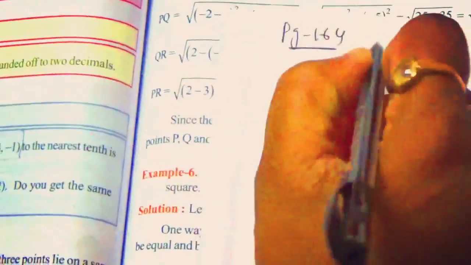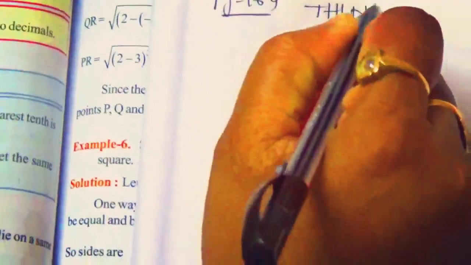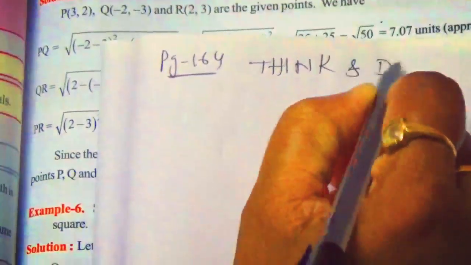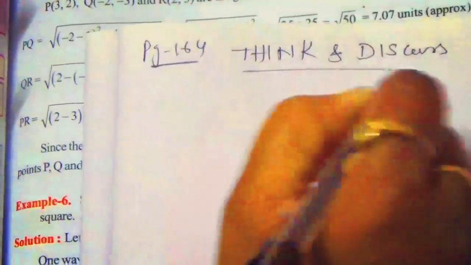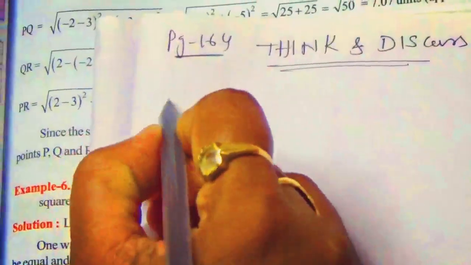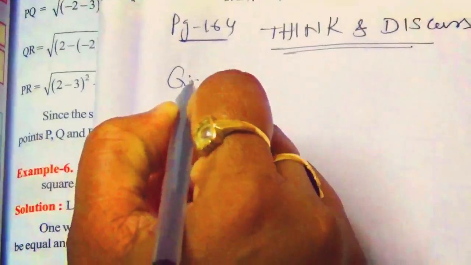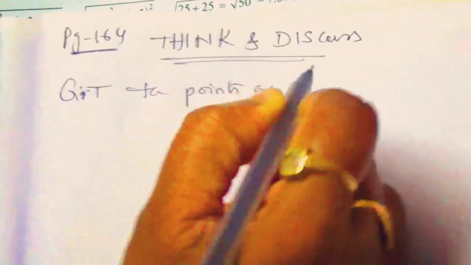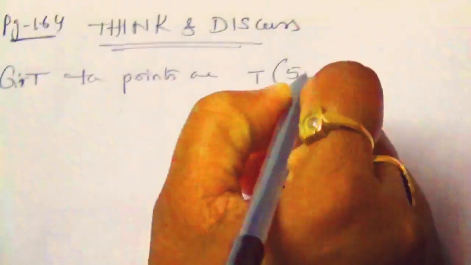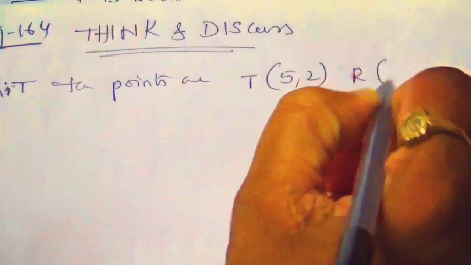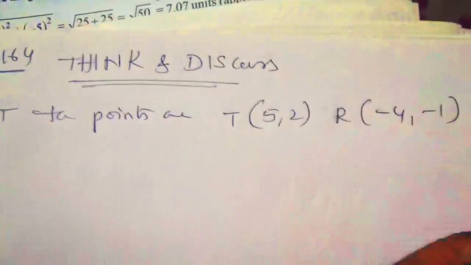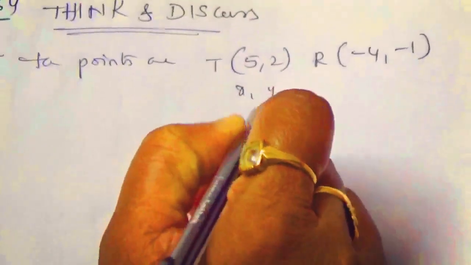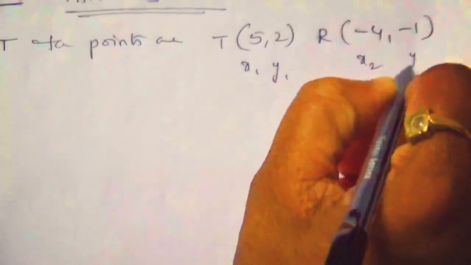So in page number 164, think and discuss. Here, first of all, given that the points are T (5, 2) and R (-4, -1). Here we have x1, y1, x2, y2.